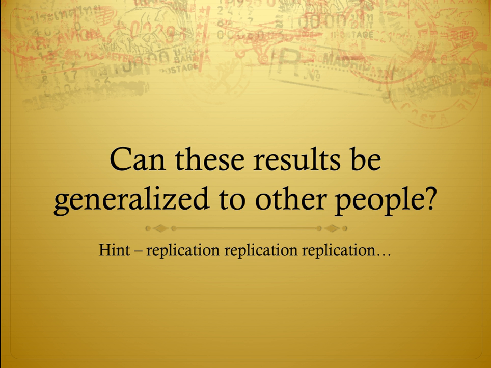So if it's so specific, why do we use single subject research at all? That's a great discussion, and single subject research is a very important part of the evidence-based discussion. So we'll talk about that more in class, but again, I'll give you a hint: replication, replication, replication.